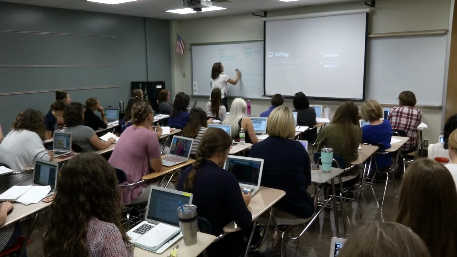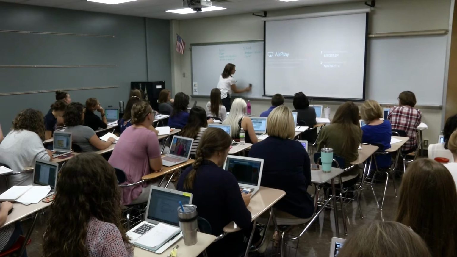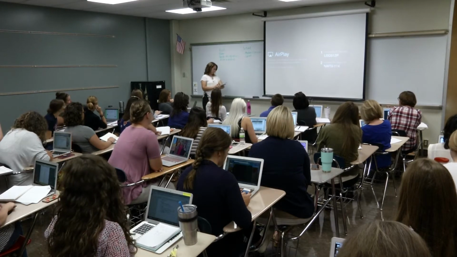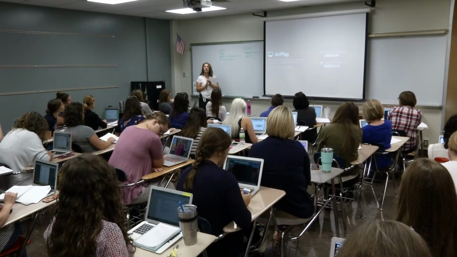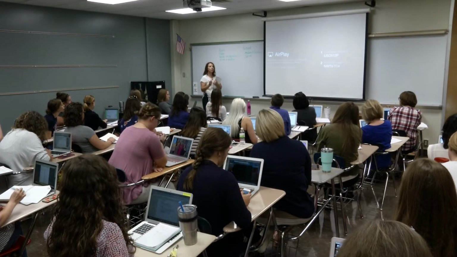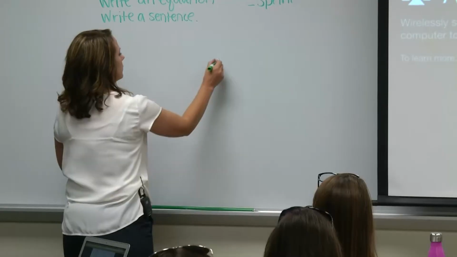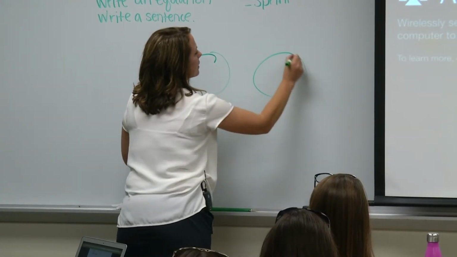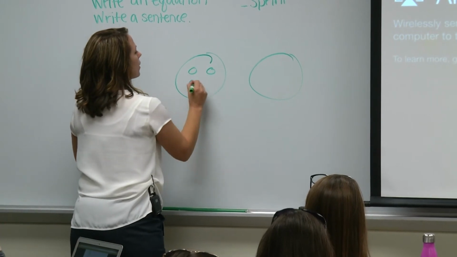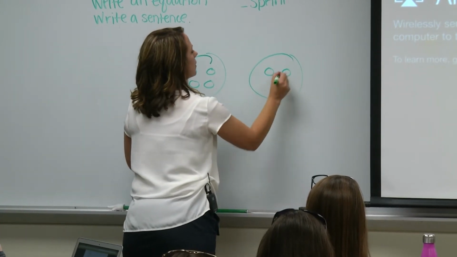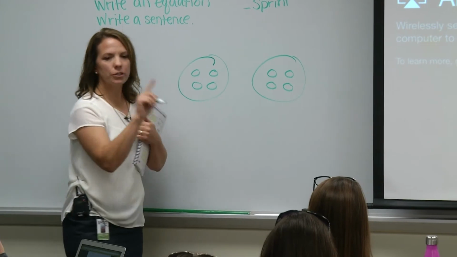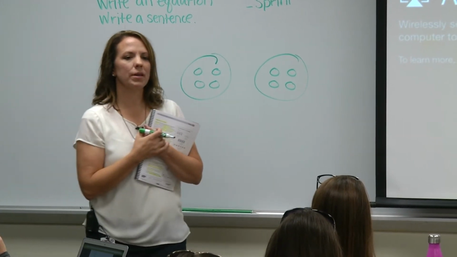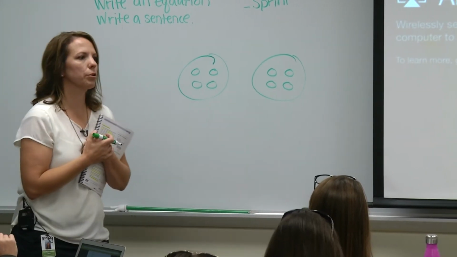And with that picture, I want you to tell your partner why you think these are equal, okay? So here's my picture, and there are 4 counters in the diagram. Turn and talk with your partner and tell me why you think those are equal groups.